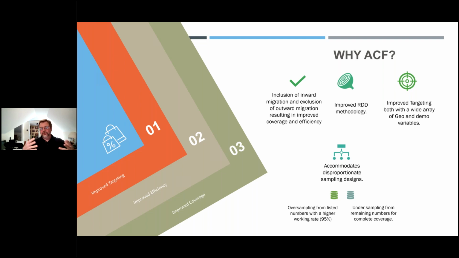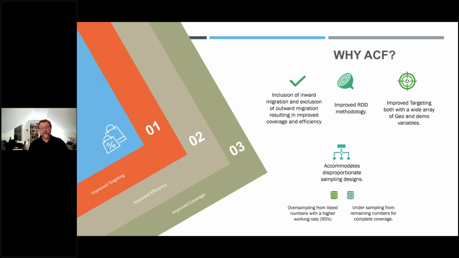Think of it this way: you have a traditional RDD, but instead of having the listeds based on the rate centers that the geography is associated with, the listed component is now based on people who have moved in, and the people who have moved out have been excluded from your frame. So in essence, you're creating a more efficient RDD frame. It still includes the unlisteds, it still includes the unassigned numbers, but your efficiency gain is coming from the net migration.